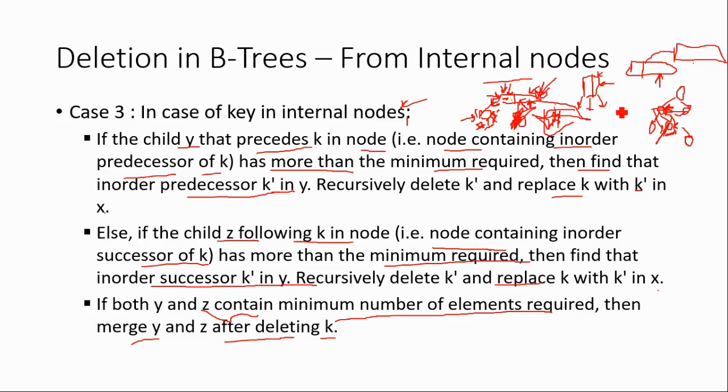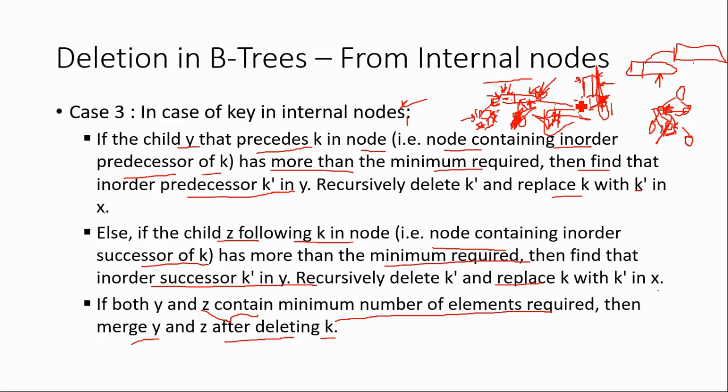If there are the minimum number of elements in both children, then we just merge both and remove one subtree link. So we will have one less number of elements and one less number of subtrees.